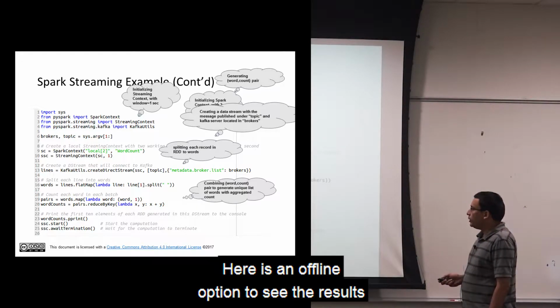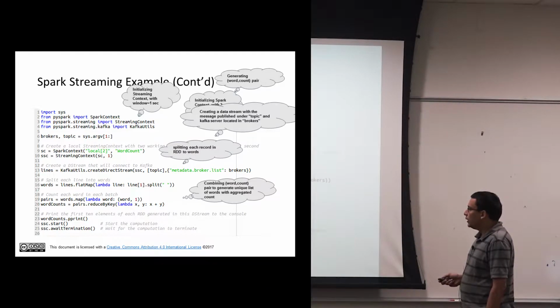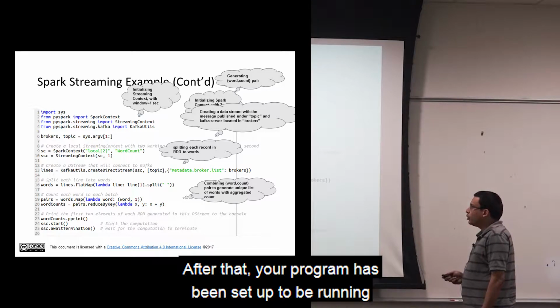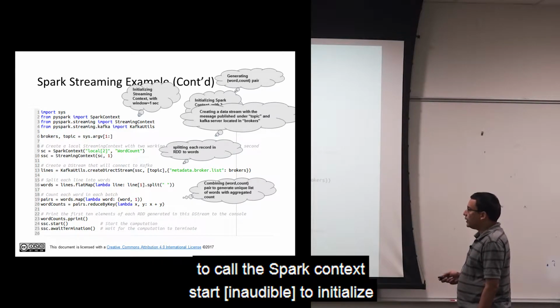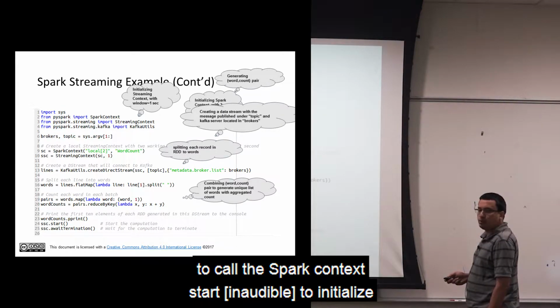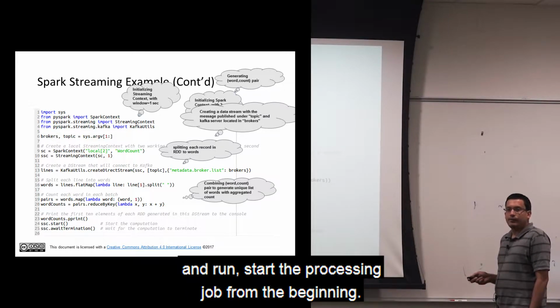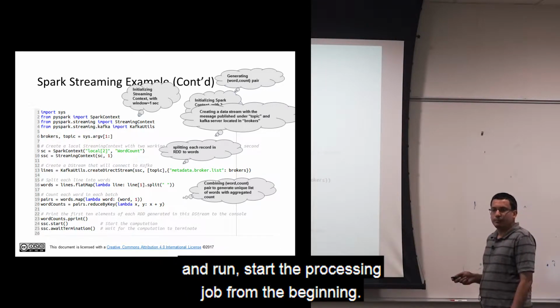Here is an option to see the results on the console window. After that, your program has been set up to run in Spark, but you have to call the Spark context start method to initialize and start the processing job from the beginning.